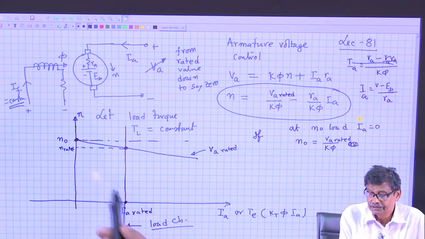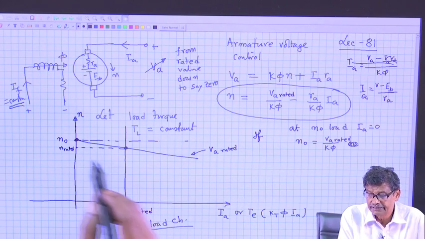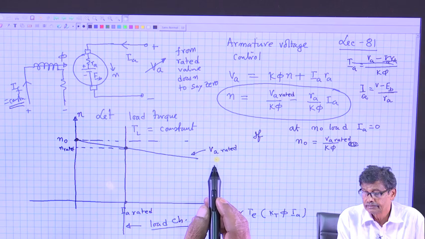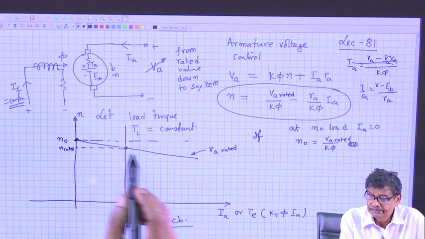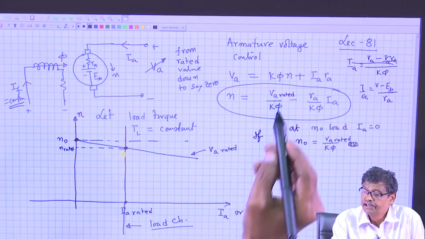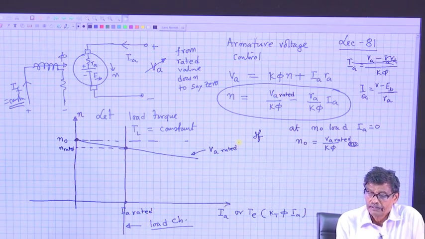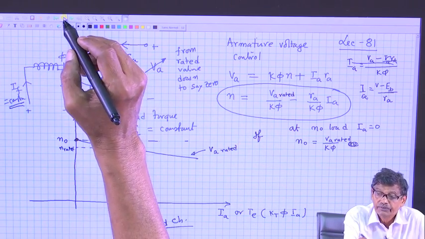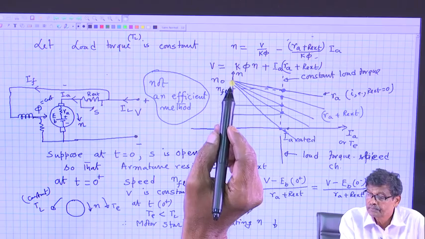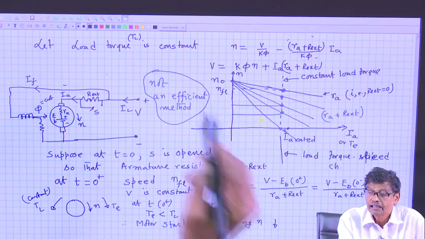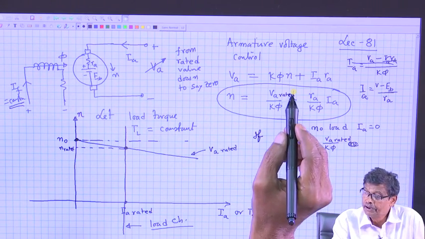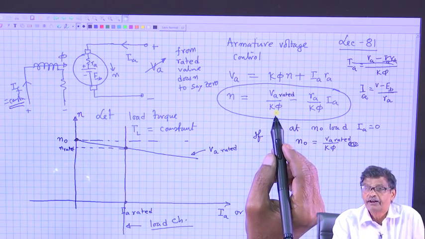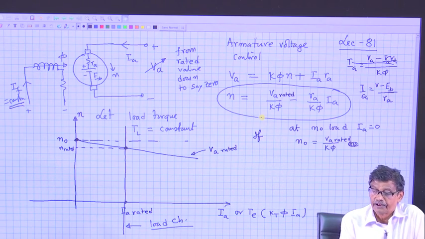Now, the question is, this is the characteristics with V A rated. What will these characteristics look like if V A is reduced? The no load speed depends upon V A by k phi, applied voltage by k phi.